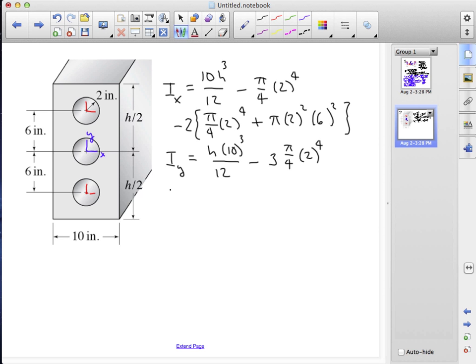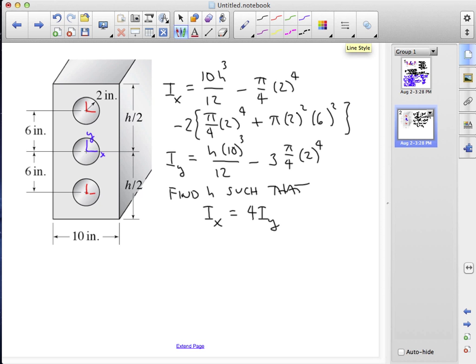Our job here is to find h such that Ix is 4 times Iy.